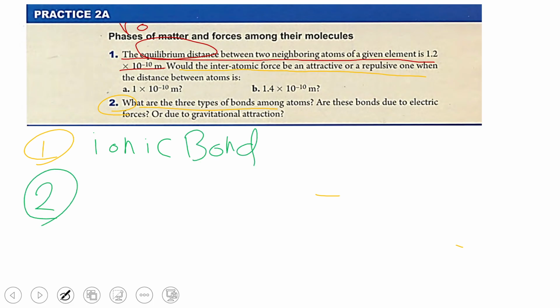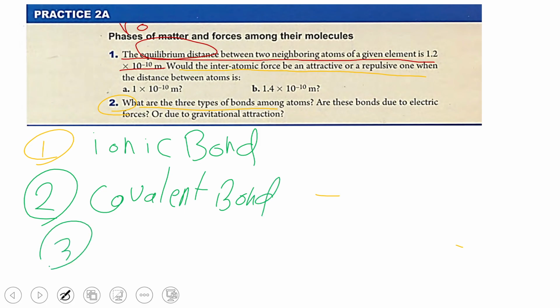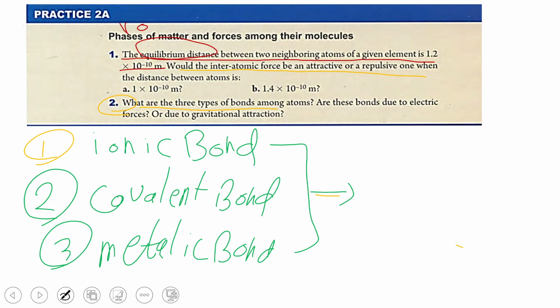The second one, covalent bond. And the last one, metallic bond. So are these types of bonds formed due to electric force or gravitational force?